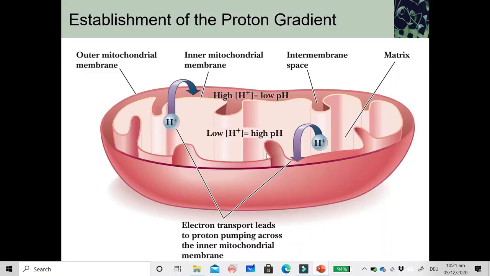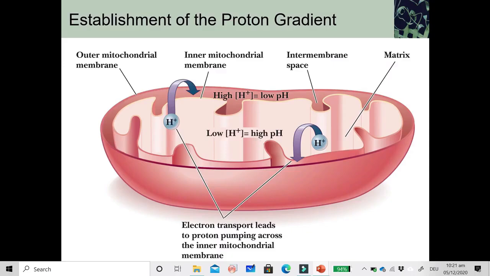The protons are pumped out of the mitochondrial matrix into the intermembrane space, creating a region where you have a high concentration of protons, or hydrogen ions, in the intermembrane space, in other words, low pH, and a low concentration of hydrogen ions inside the inner membrane, in other words, in the matrix, which has a high pH as a result.